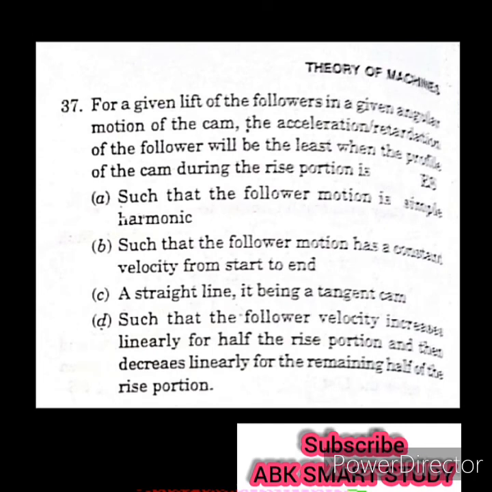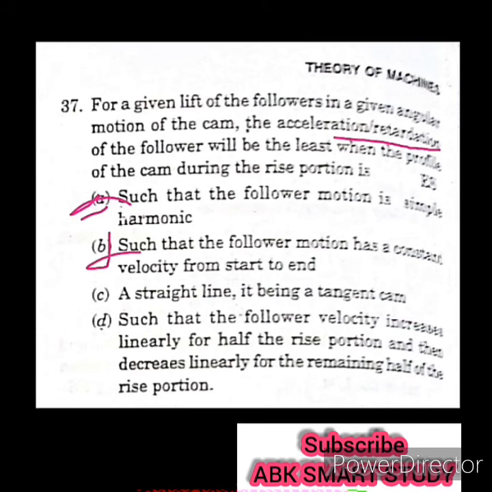Next question. For a given lift of the follower in a given angular motion of the cam, the acceleration and retardation of the follower will be the least when the profile of the cam during the rise portion is. Option A, such that the follower motion is simple harmonic. This is wrong. Option B, such that the follower motion has a constant velocity from start to end. This is also wrong.